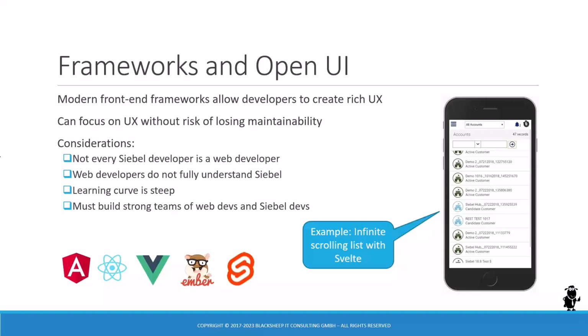Of course, not every Siebel developer will become a web developer. And web developers usually will never become Siebel developers. So both have a learning curve as you strive to build a team of both classic modern web developers and experienced Siebel developers.